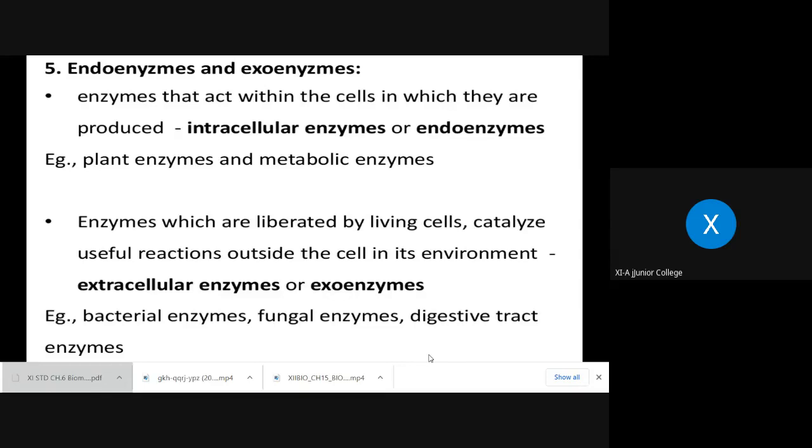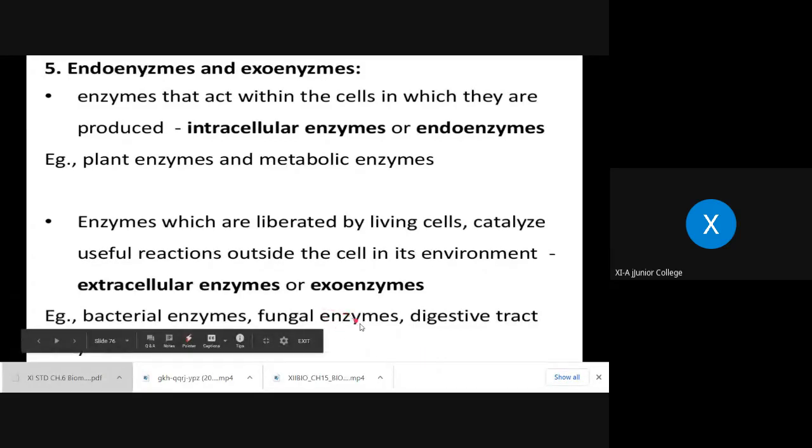And then enzymes which are liberated by living cells and catalyze useful reactions outside the cells in their environment are considered extracellular enzymes or exoenzymes. Bacterial enzymes, fungal enzymes, digestive tract enzymes are some examples.